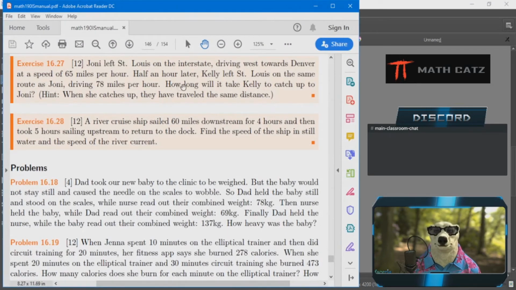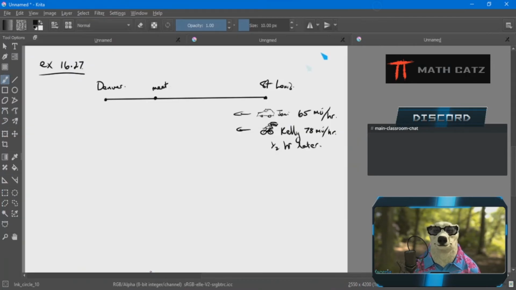Question then: how long will it take Kelly to catch up? If I have the time it takes to travel from the starting point to the meeting point, then I would have the answer. It doesn't matter which one you pick. We can pick Kelly, like the question asks.